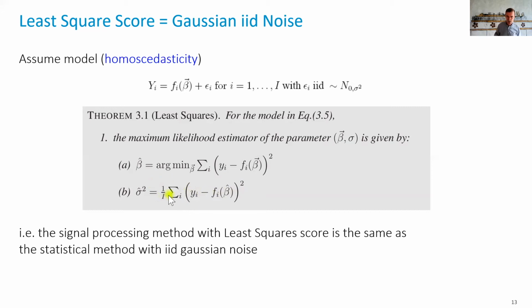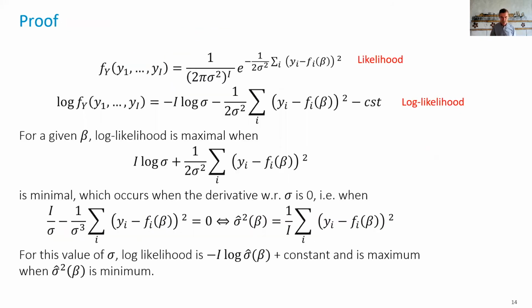We take the average over all data points, and that gives us the estimate of the variance. To put it differently, when we apply the statistical methods to estimate this model, we do exactly the same as if we apply the signal processing method with a score equal to least square. So take-home message: least square score corresponds to the homoskedastic model, or to Gaussian IID noise. There are two ways of saying the same thing.